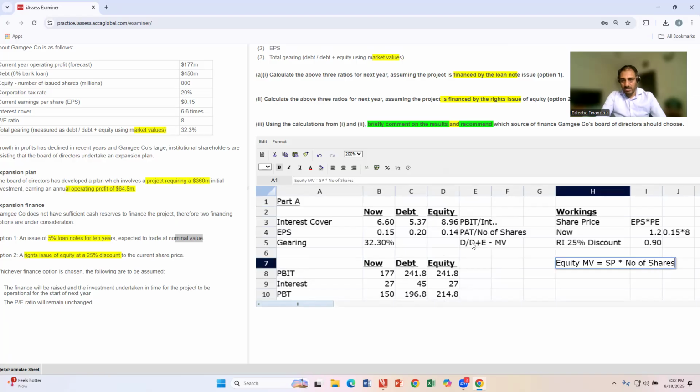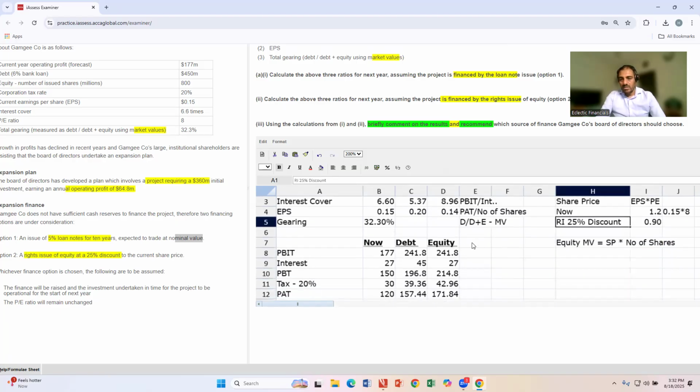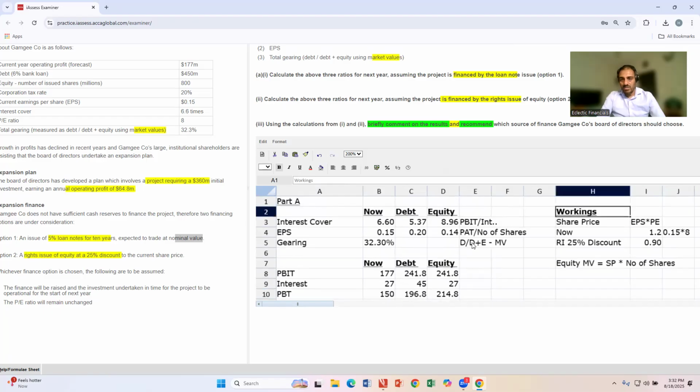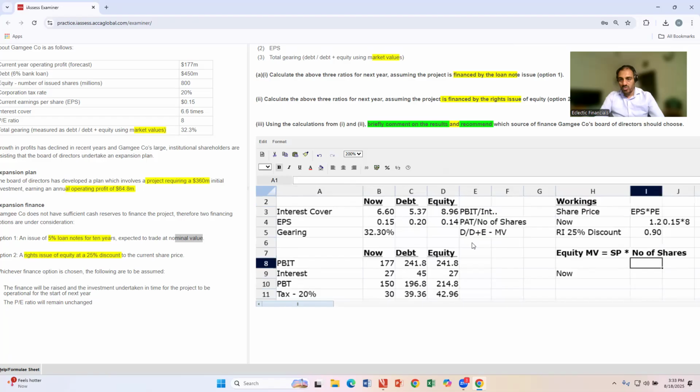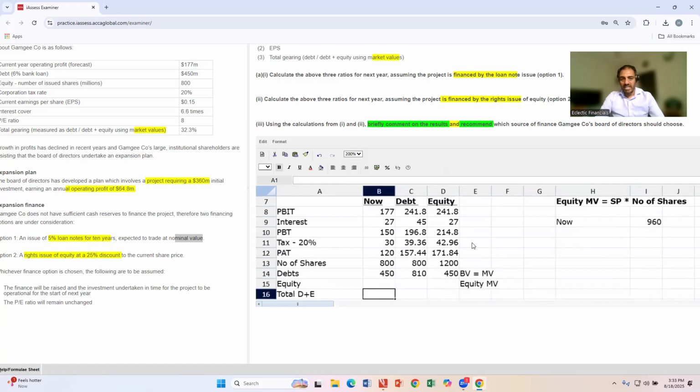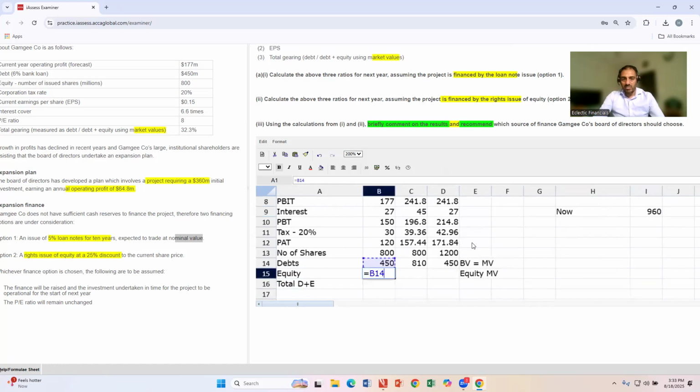So now, what about now? Now share price is 1.2. So 1.2 times 800 is 960.